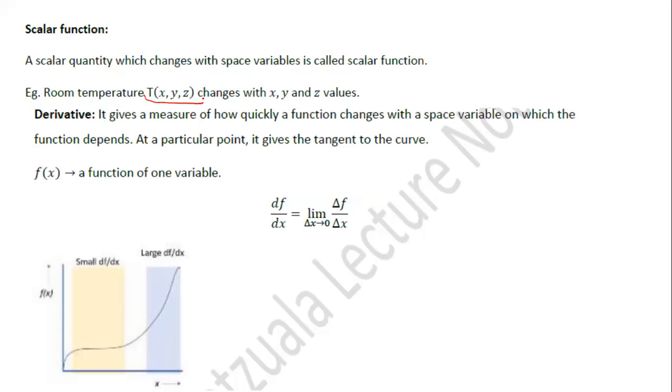Then we have to see about derivative also. When we talk about derivative, I think in your mathematics class, you have already defined this derivative as a limit of this del f upon del x. So derivative, actually, when you take a derivative, it measures how quickly a function changes with a space variable.